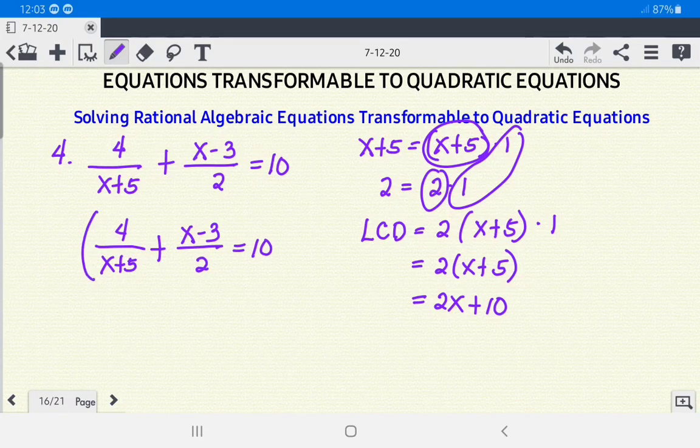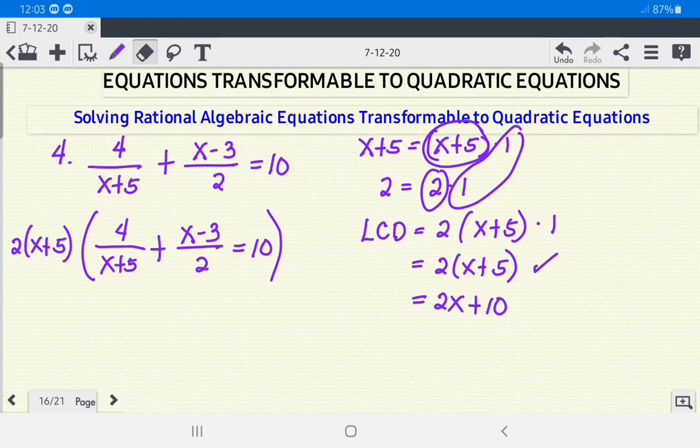Now, let us multiply this by the LCD in factored form. Okay? So, this is in product form. This is in factored form. So, we have 2 times x plus 5. Then, multiply 2 times x plus 5 times 4 divided by x plus 5. So, here we can cancel x plus 5 over x plus 5.